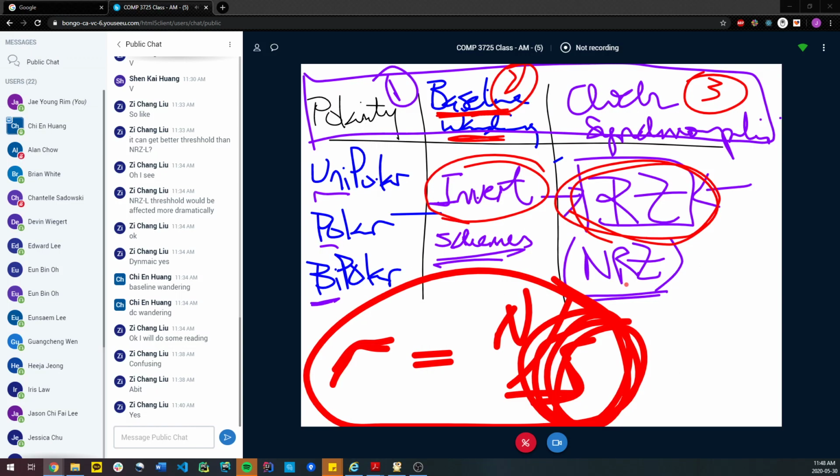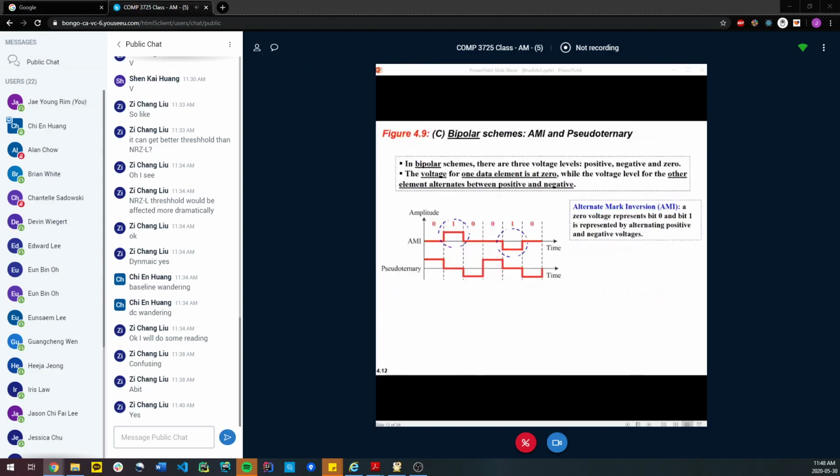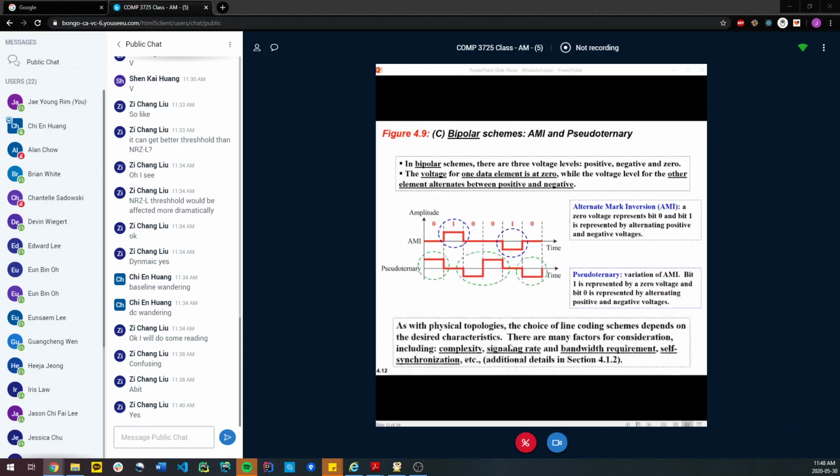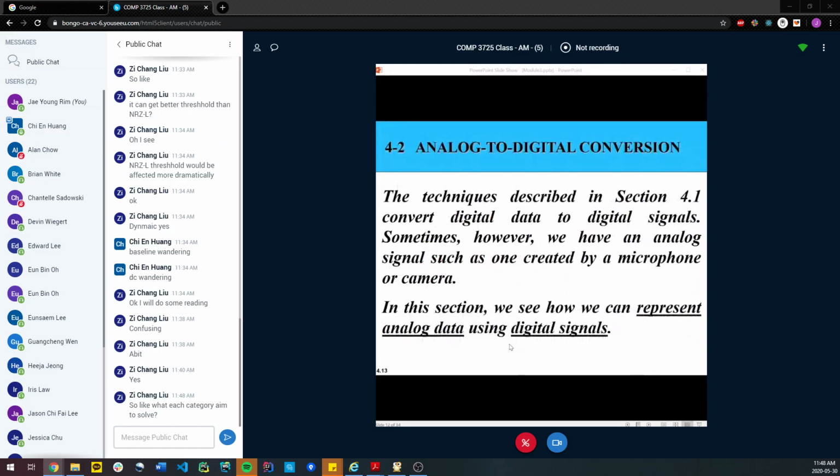But what's really important is that you know this distinction of the issues we're trying to solve: polarity, baseline, and clock synchronization. Is that clear? Any questions? Exactly, that's what I want you to know.